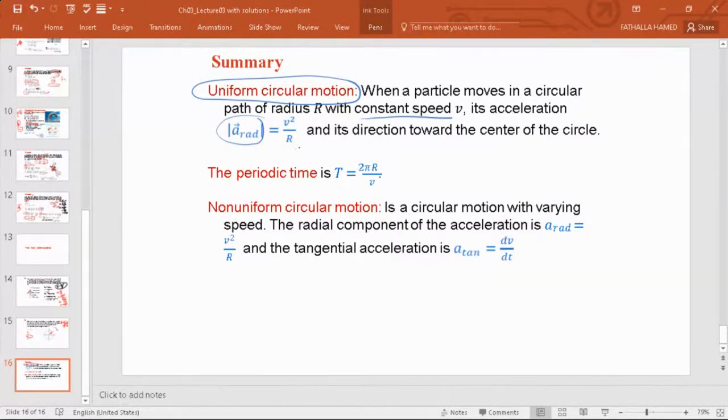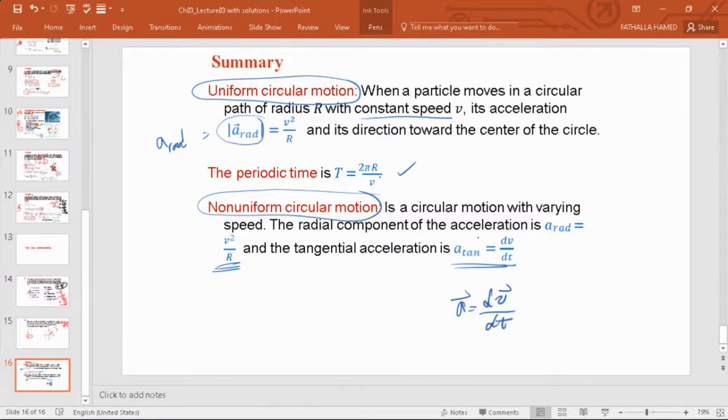So the magnitude of this is, or we can say here, A rad should equal v squared over r. Of course, when you go around the circle with constant speed, you have a period which is equal to 2 pi r over v. In non-uniform circular motion, you have the radial acceleration, which is equal to v squared over r, and you have the tangential acceleration, which is equal to dv by dt. Remember, I always said that A is equal to dv by dt.